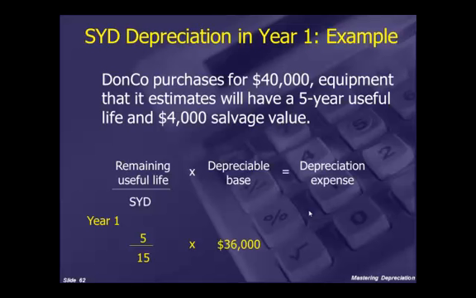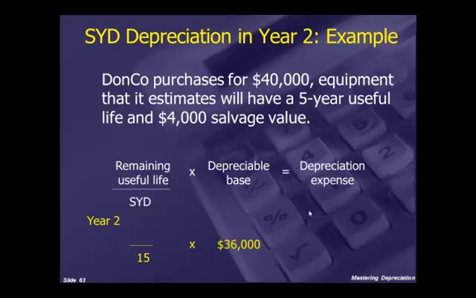So when you take 5/15ths, or you could reduce it if you want to, 1/3 times 36,000, you're going to get 12,000. Just be sure if you're going to leave the fraction in that form, do your multiplication first and your division last. So you would take 5 times 36,000 and then divide by 15, rounding to the nearest dollar. And that will keep you from having a rounding error. All right, so that's year 1.